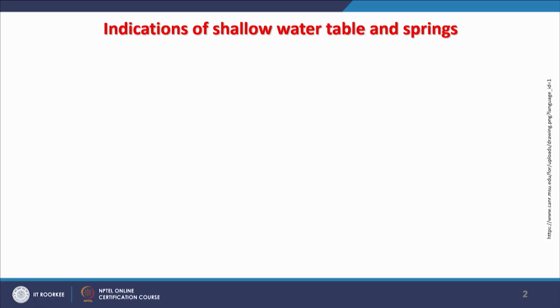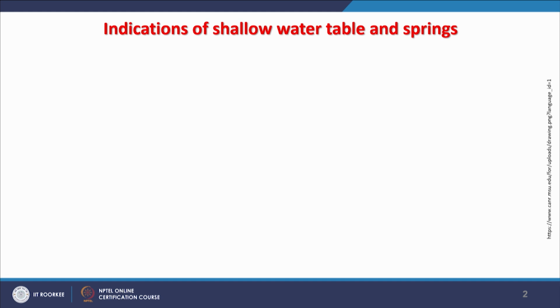So, let us start. In the first part of this discussion we are going to cover the indicators of shallow groundwater table and springs. Since the beginning of this groundwater exploration, I have been mentioning that our aim should be to minimize expenditure, and cost effectiveness is one of the reasons, because test drilling or even geophysical methods of groundwater exploration are not possible everywhere, or they become very expensive.